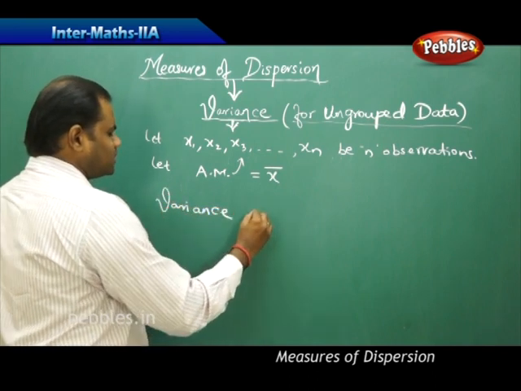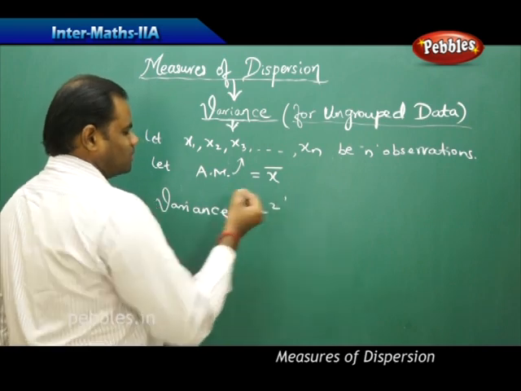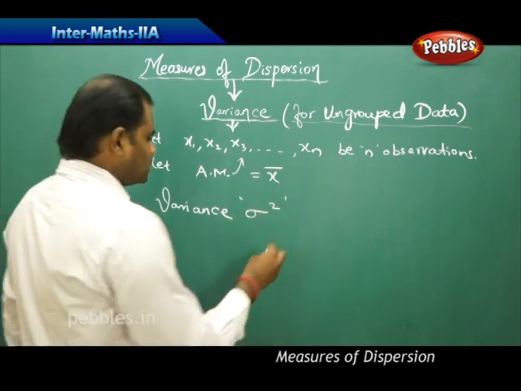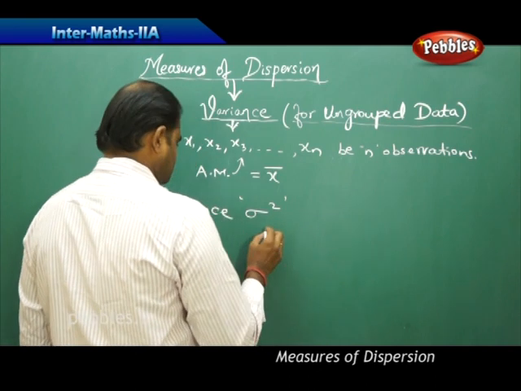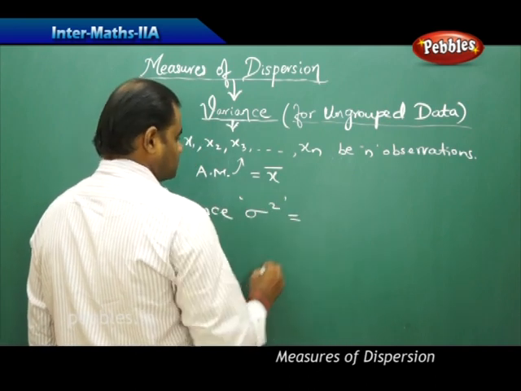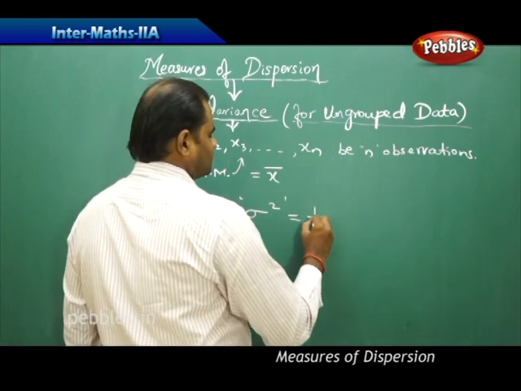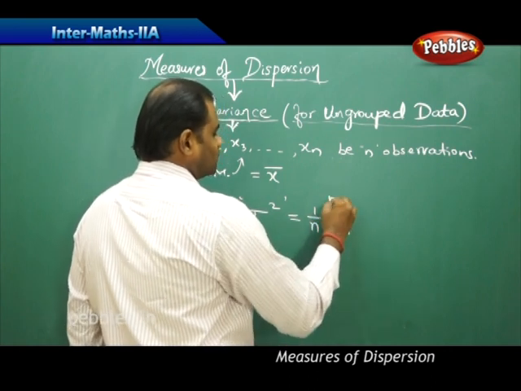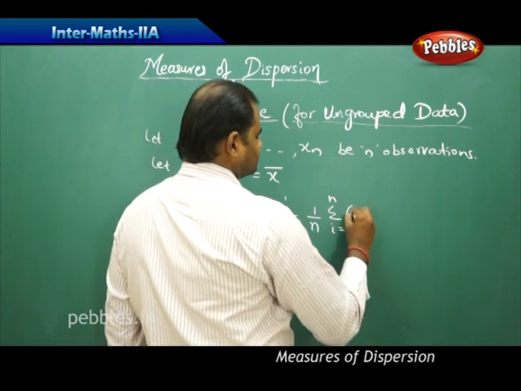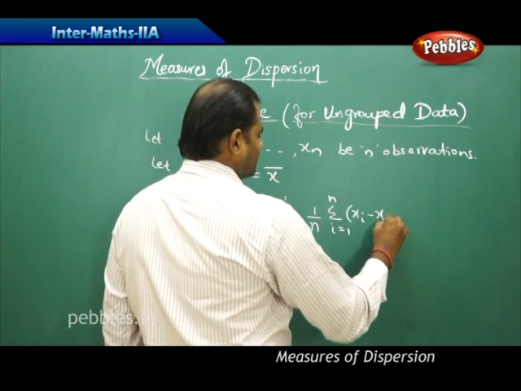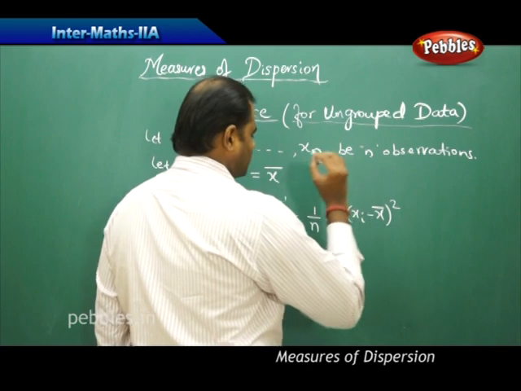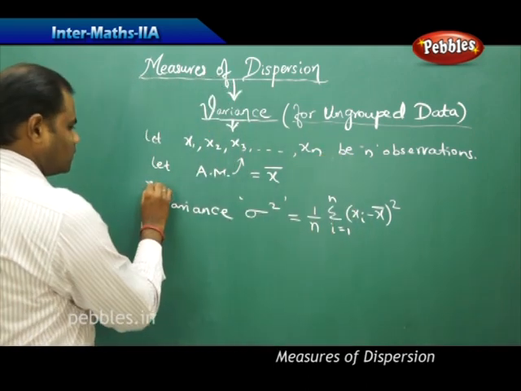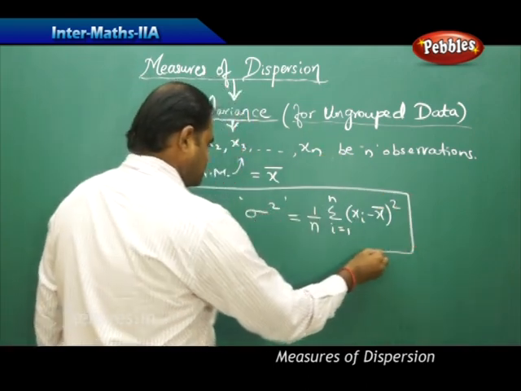The variance, which is generally denoted with sigma squared, is given by 1 by n sigma i running from 1 to n of xi minus x bar whole square, is how we define the variance.